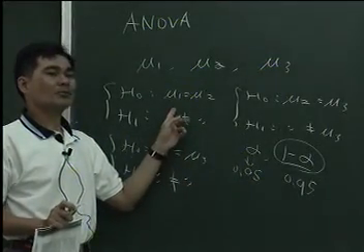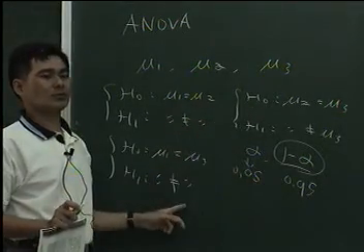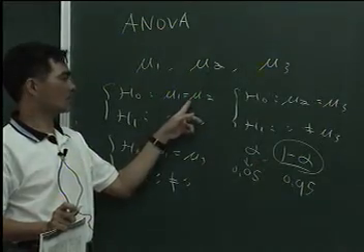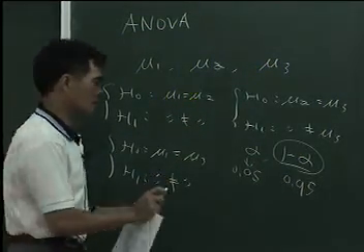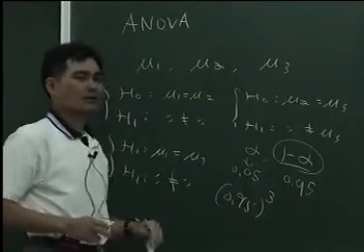But in this case, we have to test 3, okay? For all these 3 tests to hold, for all of them to be true, it has to be 95% times 95% times 95%. So that is 0.95 to the 3rd power.